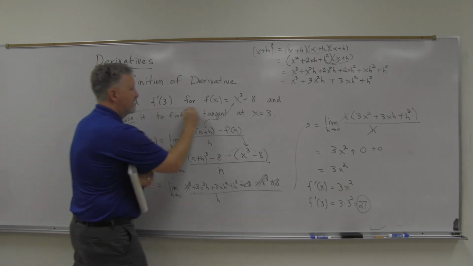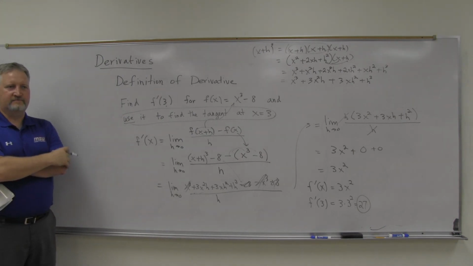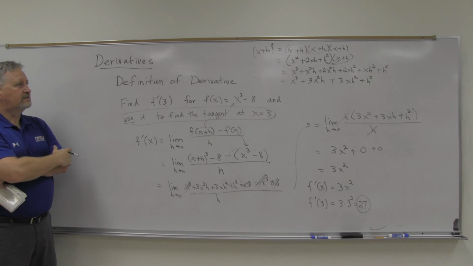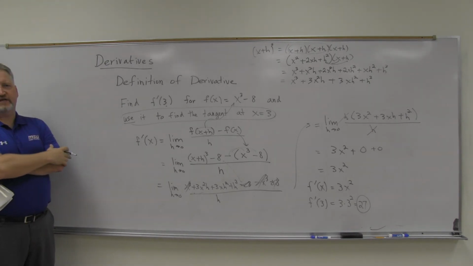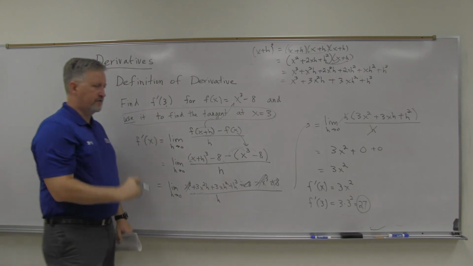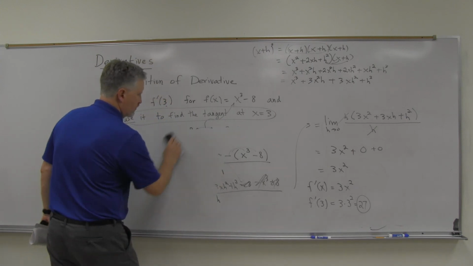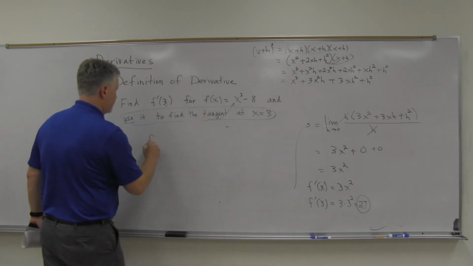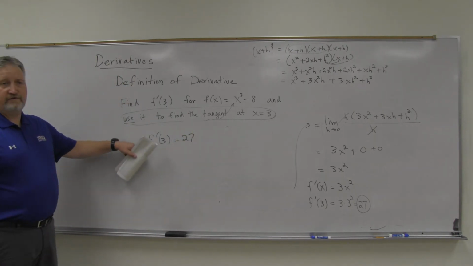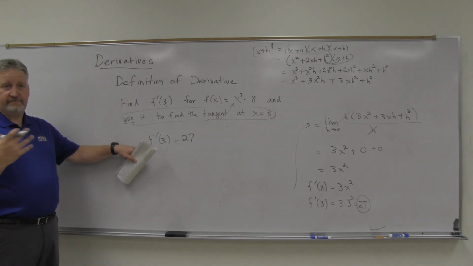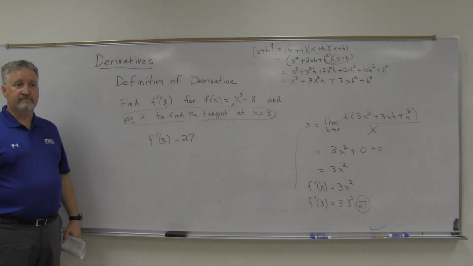Second part, use it to find the tangent at x equals 3 now. What information does that give me? I've got f prime of 3 is 27. What does the derivative stand for, graphically speaking? Well, it's what we were calling the slope of the tangent, isn't it?